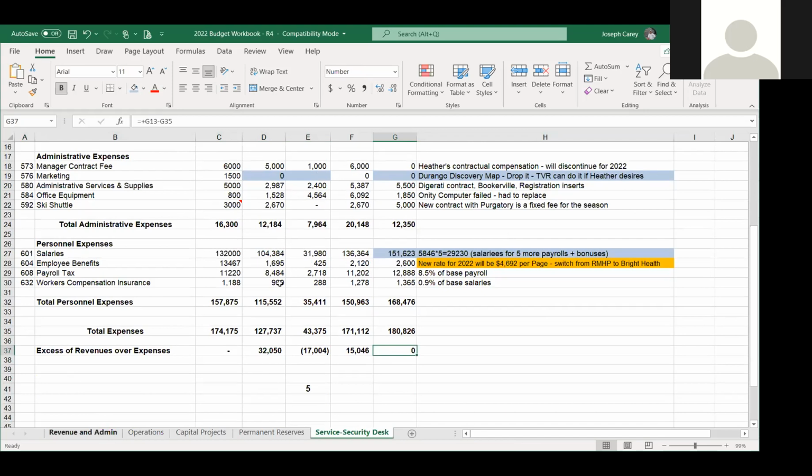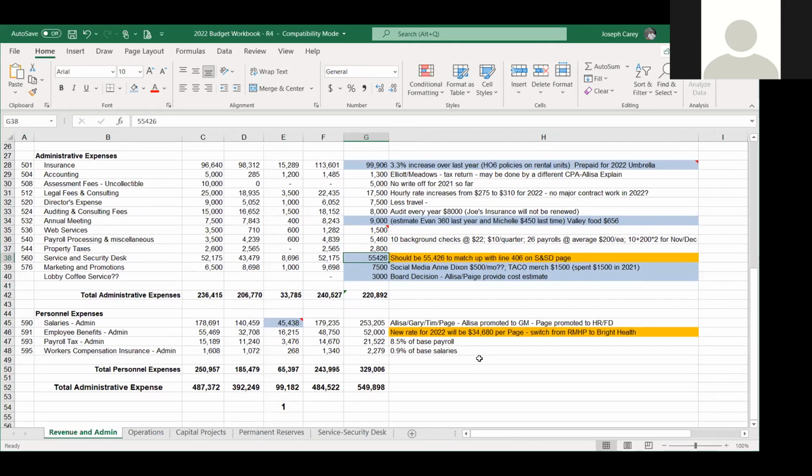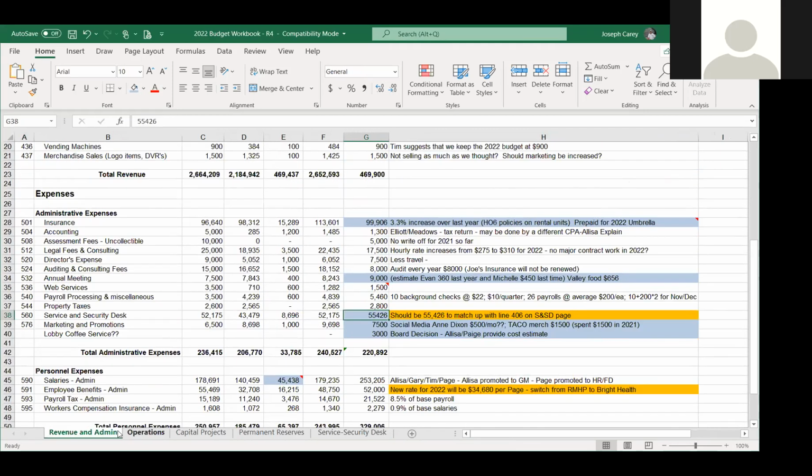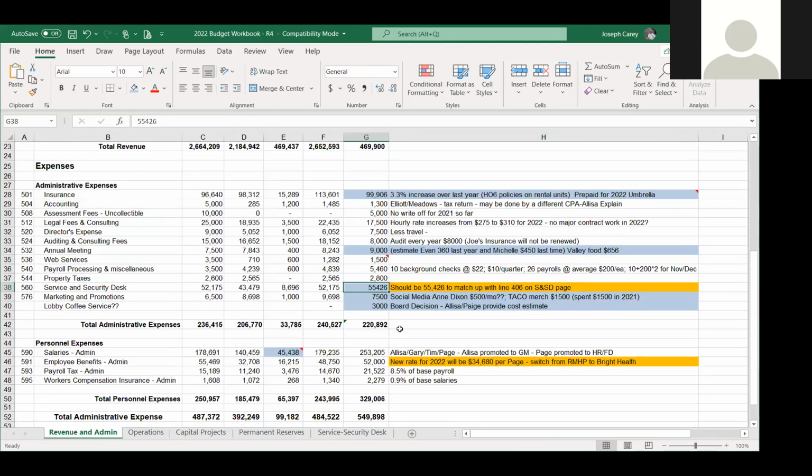And then that goes over here and becomes an administrative expense. There's a little bit of a delay when I change pages. Now that number matches up with the one on the page that I just showed you.